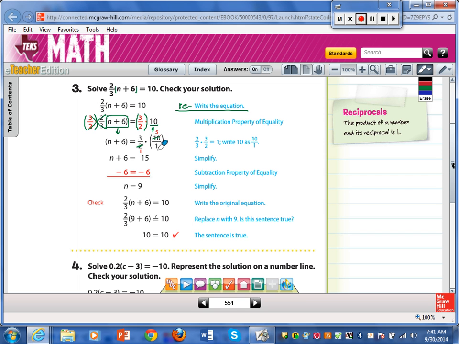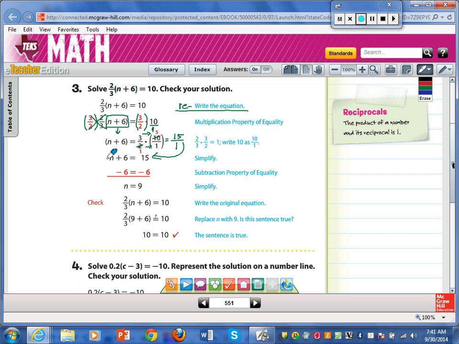So there's nothing that we can simplify here because it's already simplified. Then you just remember, multiply straight across. Numerator times numerator, denominator times denominator. So 3 times 5, that equals 15. Over 1 times 1 equals 1. Now remember that 15 over 1 is just 15.